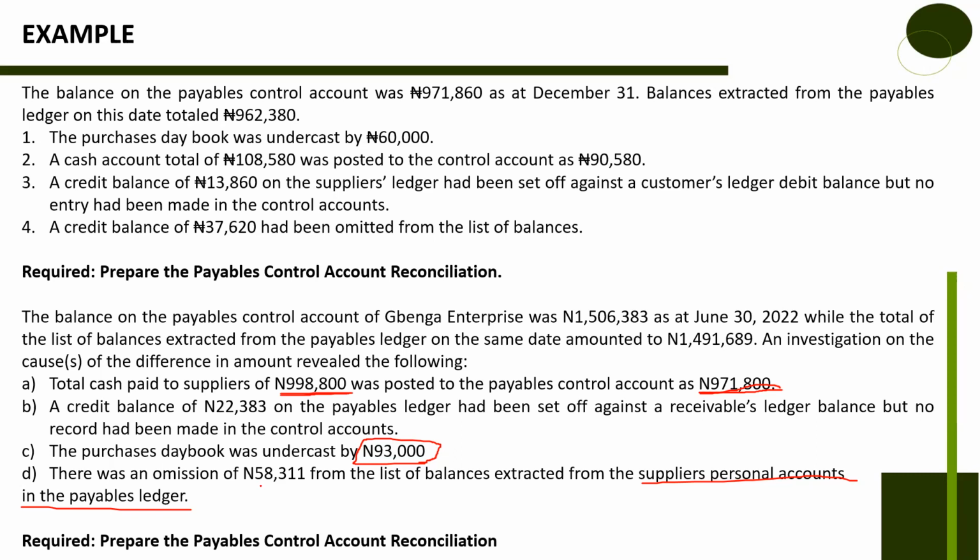They mentioned the supplier's personal accounts, so when extracting the personal account balances, there was one balance that you missed out.